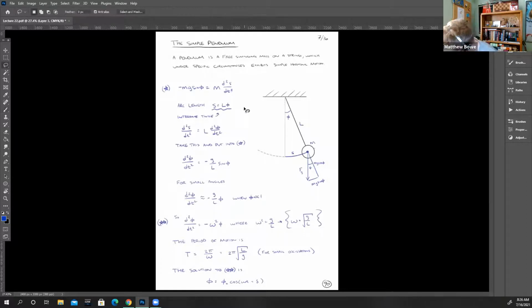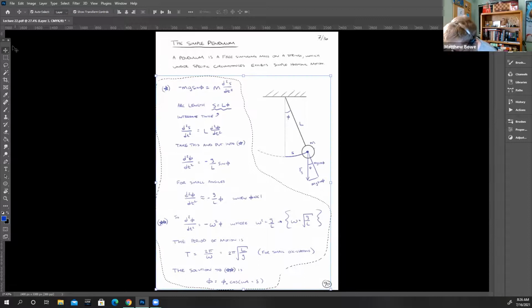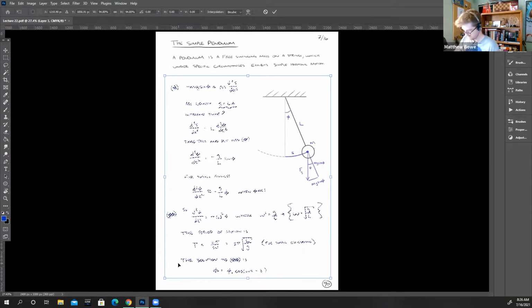All right. So we've gone from the beginning all the way into how a pendulum gets its natural frequency of oscillation.